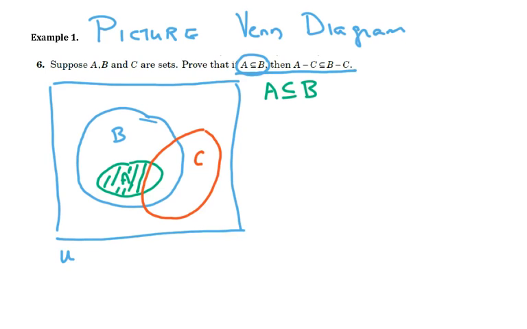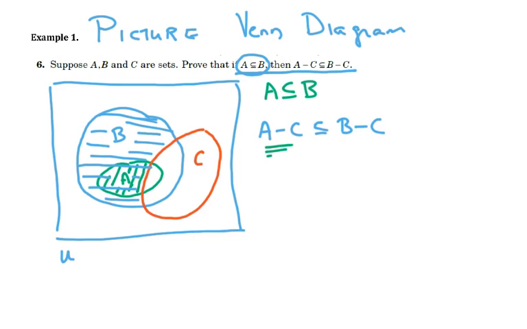Well, that's everything in B that's not in C. So that's all of this. So now ask yourself the question, is A minus C a subset of B minus C? The way to see it in the picture is this is in green and this is in blue. And yes, that is a subset. So now let's try to prove it.